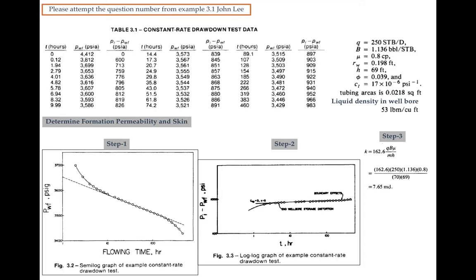So here the interpretation is quite difficult, as you can see in this figure. It is difficult to say where the well bore storage has ended and where the boundary effects begin to start, right?